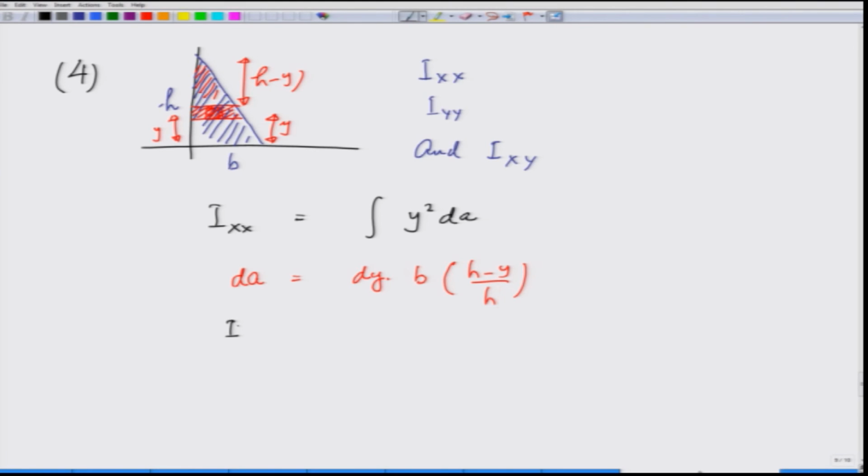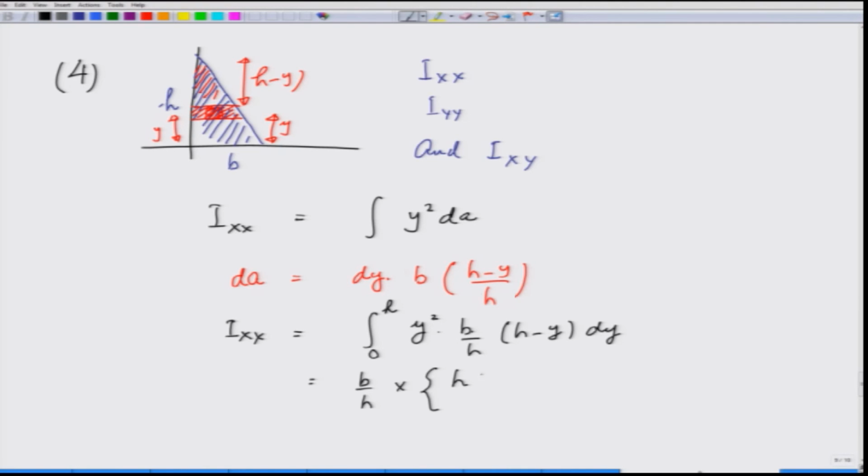Therefore, I_xx is equal to the integral of y squared times b over h times (h minus y) dy, which is b over h times the integral from 0 to h of (h y squared minus y cubed) dy.